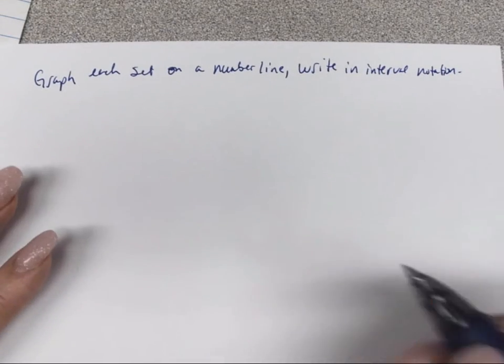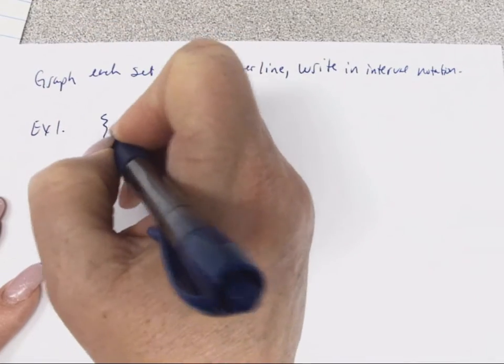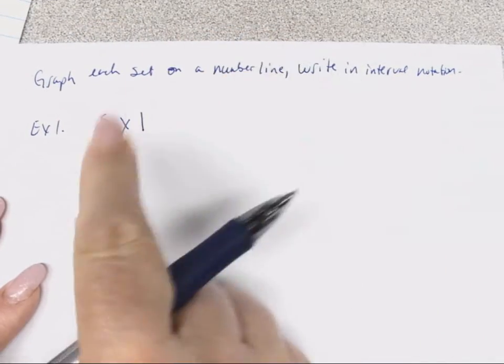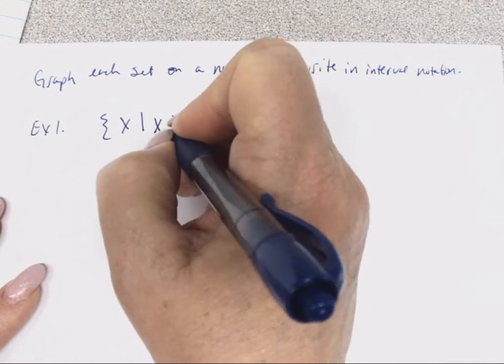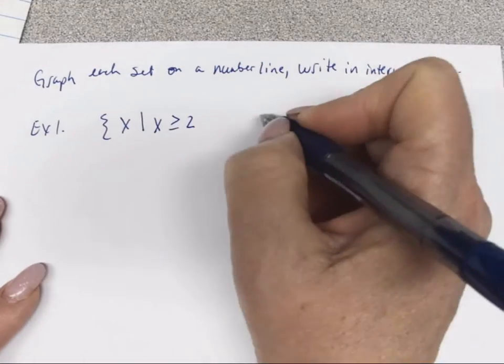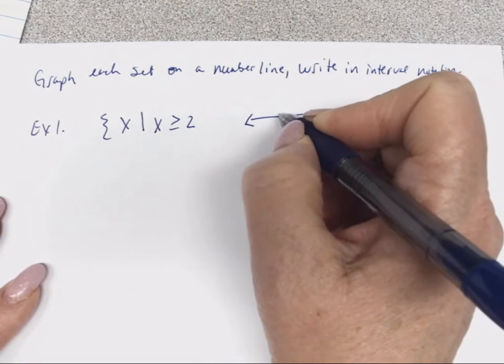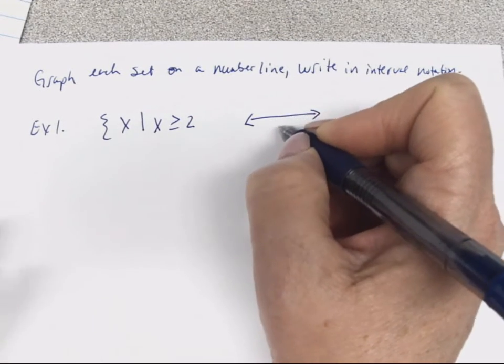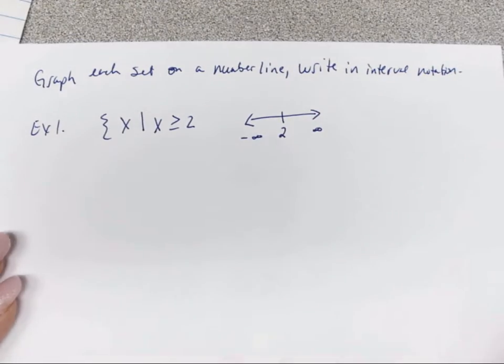All right, so for example 1, we have x such that, and that's what that line means, such that x is greater than or equal to 2. So first thing we're going to do is graph it. I need a 2, and I'm always going to put the infinities on either side.